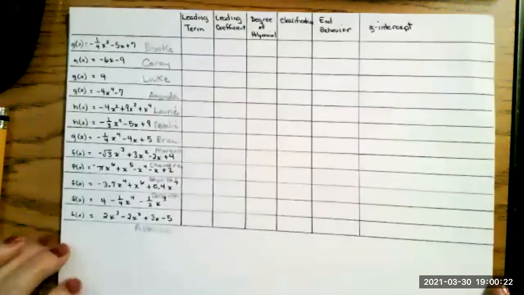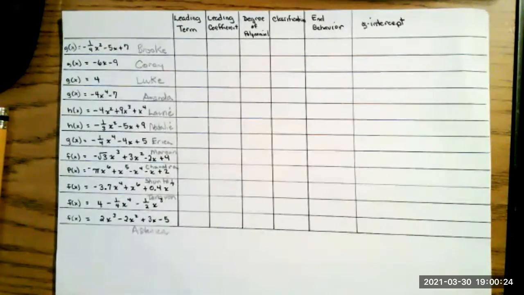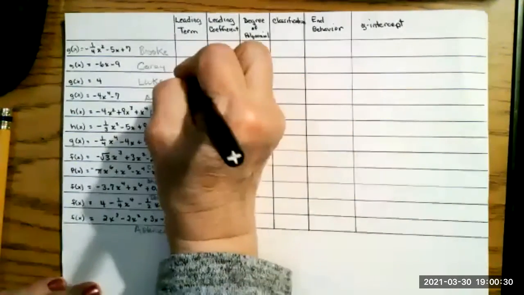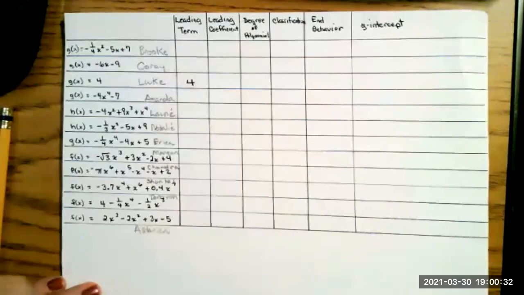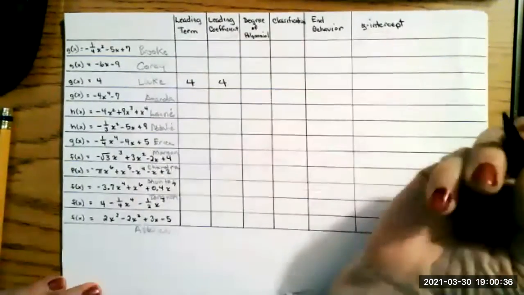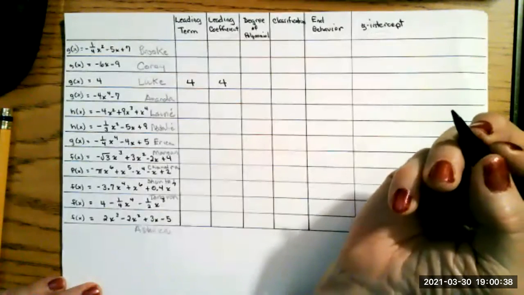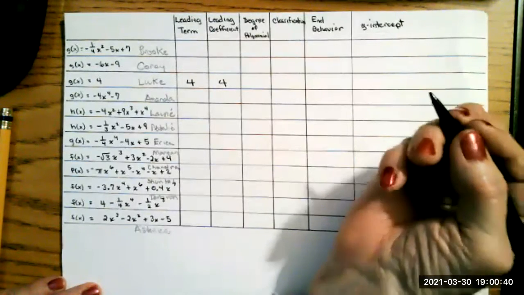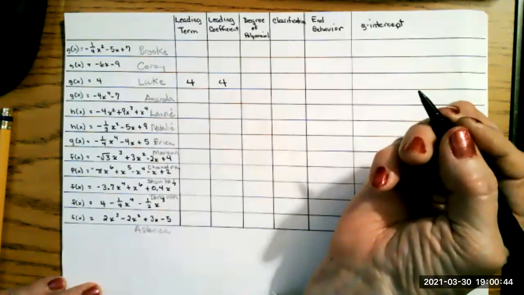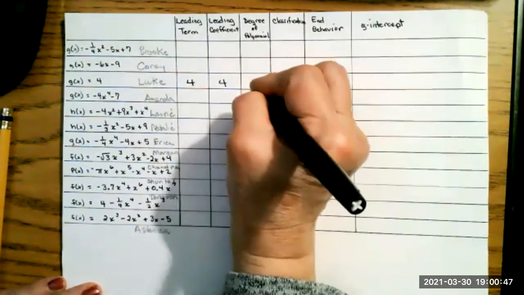I do. Who is that? Luke? I believe I do. Okay, Luke? Is the leading term just 4? Yes. The leading coefficient is 4. That's correct. The degree is 1. Nope. There's no x on it. If it had an x, it would be 1. So it's 0.